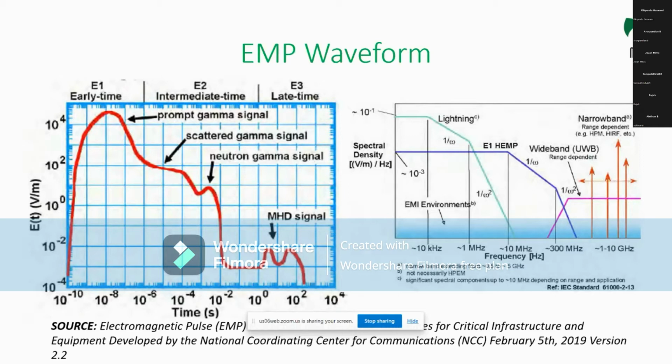You will notice from these two graphs the types of EMP. Each EMP has three different forms. The first one is the E1 waveform, and E2 waveform, and E3 waveform. All three forms differ in magnitude, frequency, and duration.